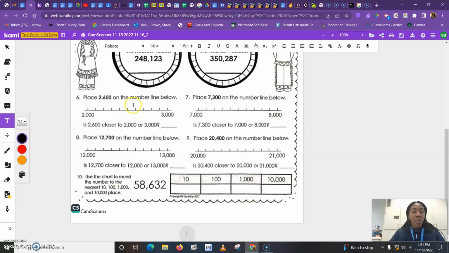So that means my 2,600 would end up right here on this number line. So you would just write 2,600 right there. 1, 2, 3, 4, 5, 6. Right here, sorry.